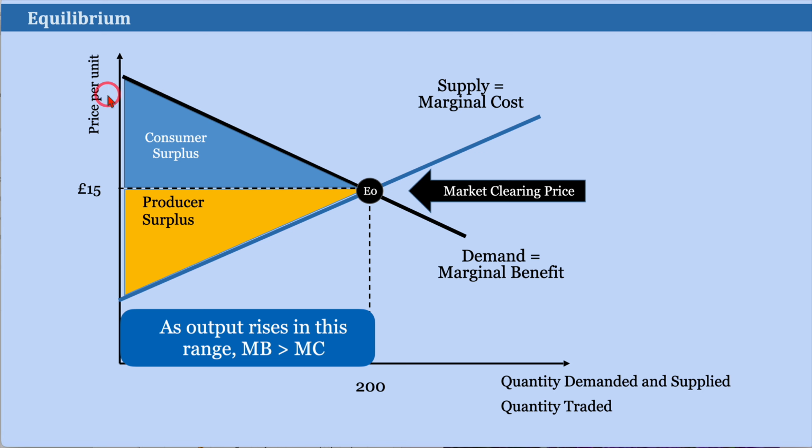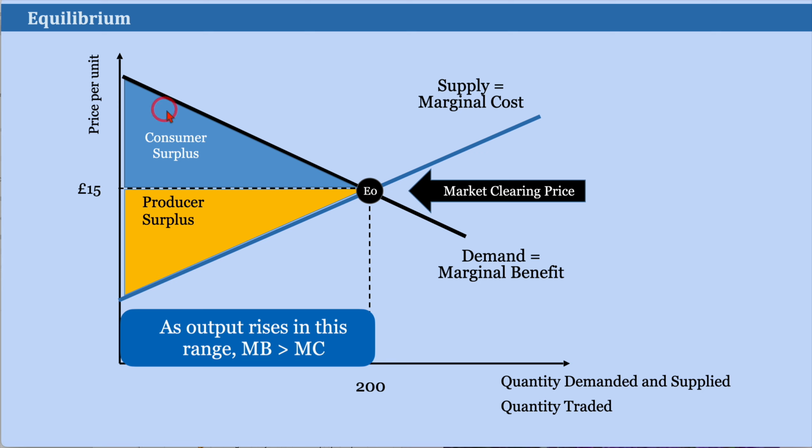I'm willing to pay, let's say, £20 for it. And the firm is saying, well, it's only costing me, let's say, £8 in terms of using up those scarce factors of production. And so when we ask ourselves, should we have produced this quantity here, the answer is yes, because the consumers are putting a higher value than the cost of using up the scarce factors of production, which is linked to the marginal cost of supply.